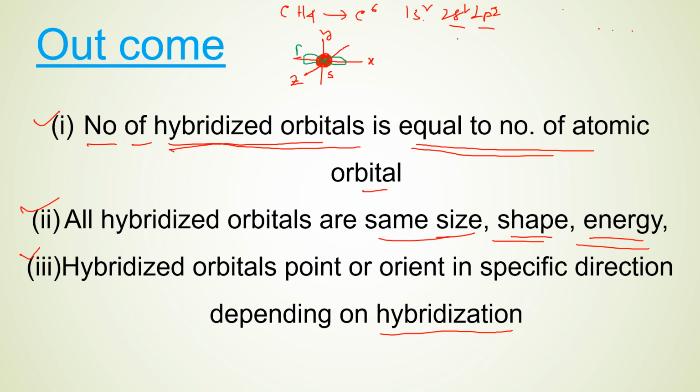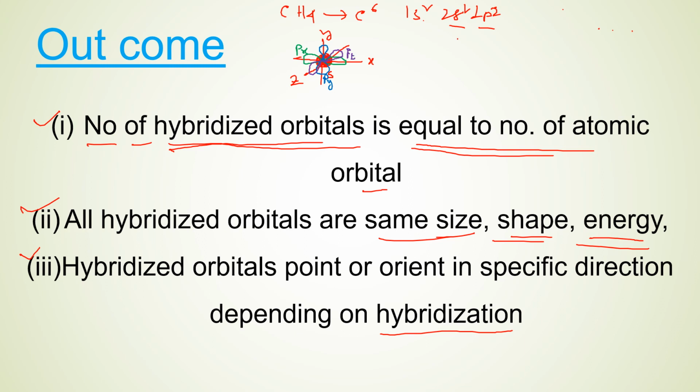Now if I draw py, and along the z-axis, this is the pz orbital.